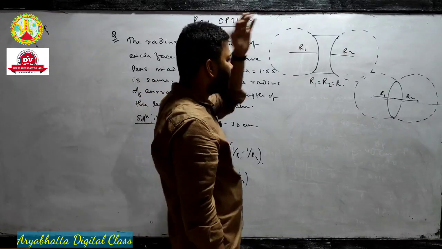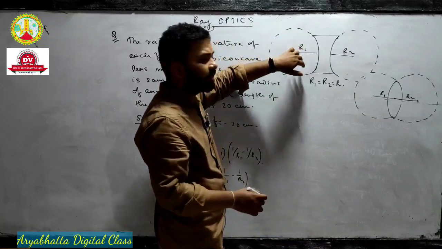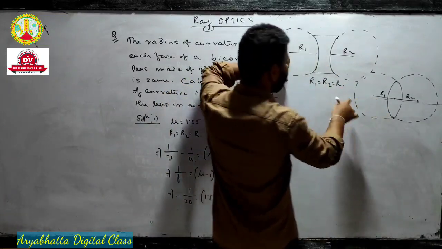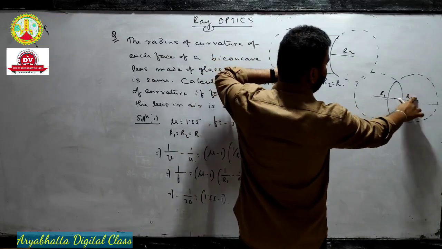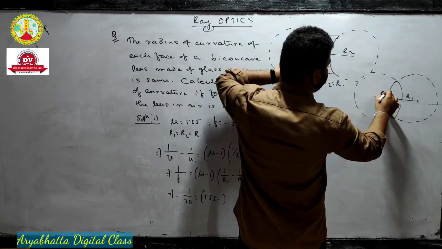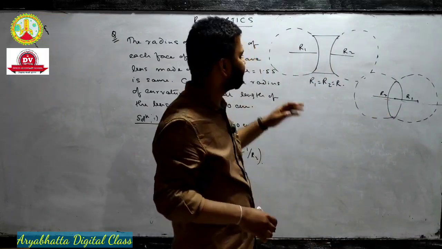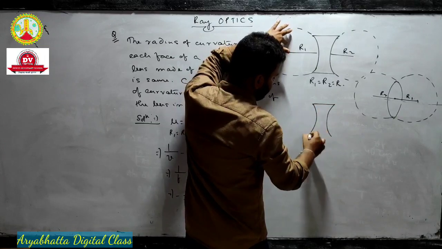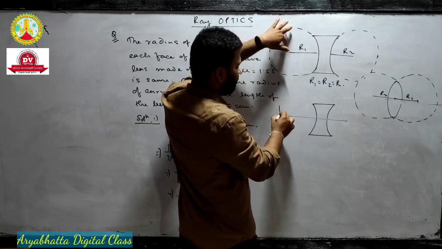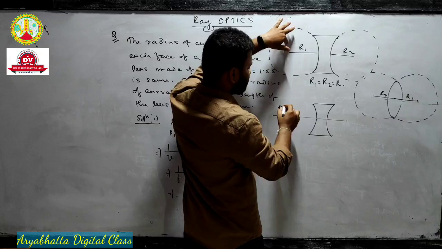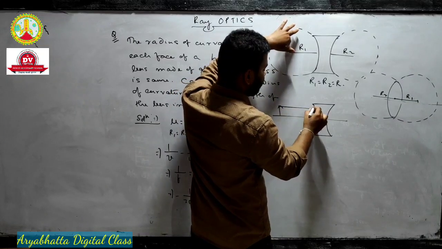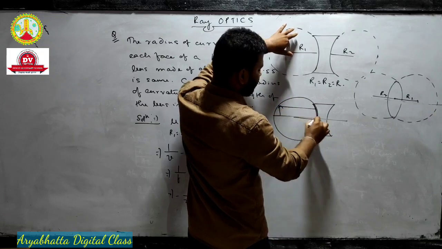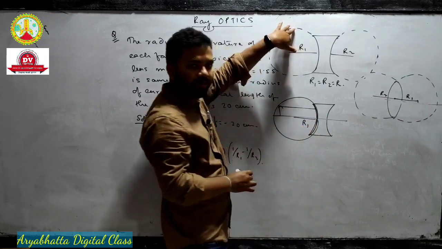Now in this diagram, look, which one is R1? I have considered this one as R1. But in this diagram, for a convex lens, R1 will be this part and R2 will be this part. Why? The question is why. Look, in case of a concave lens, the incident ray, we have to keep the object on the left side, no? So the incident ray first strikes this surface. So this one will be called R1. Okay?